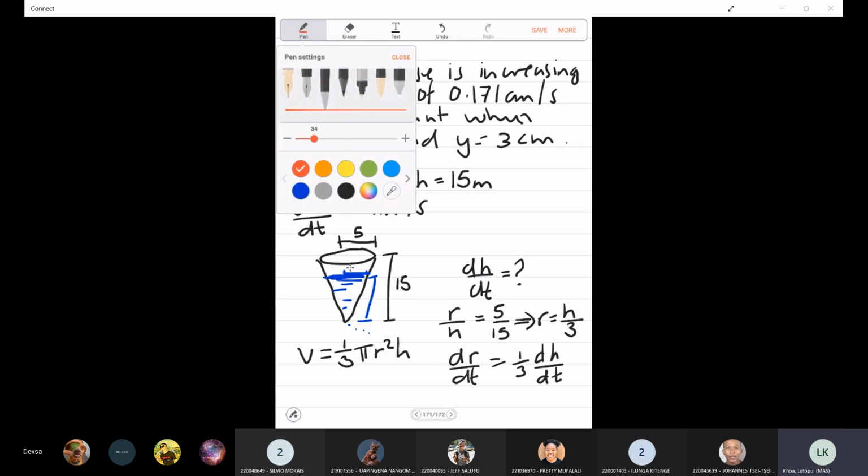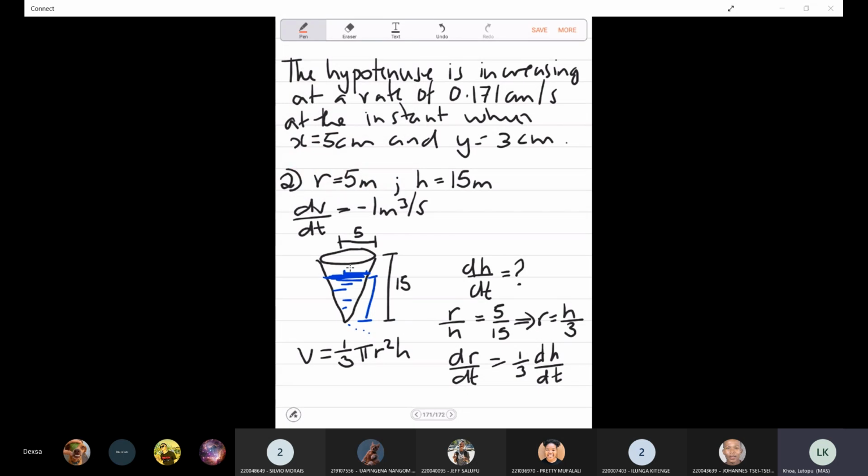So here we only know that H is, so we're looking for the instant when H is 3. So we can work out R. So for R, we use this formula over here.